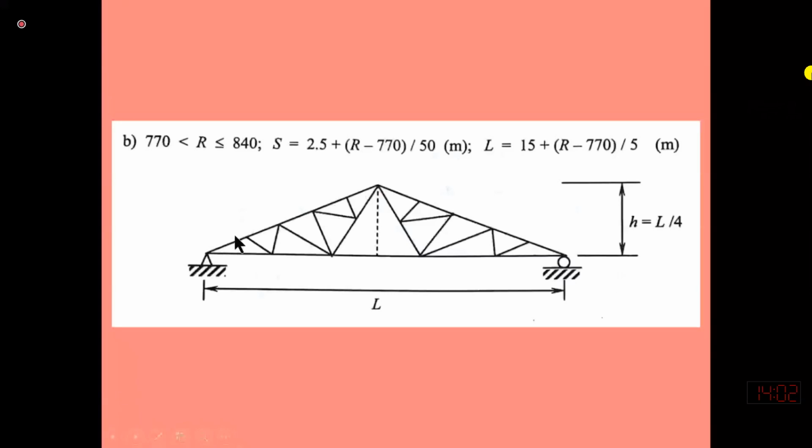So you will have these panel points. And then for the bottom chord, you can divide it into 1, 2, 3, 4, and 5. You can say that the length is the same for this bottom chord. So you will have these panel points.